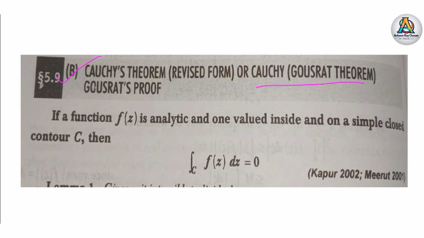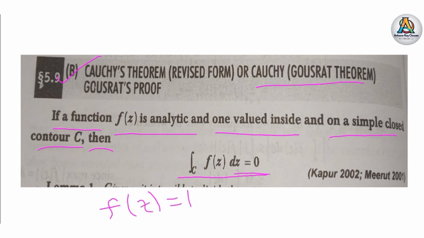This theorem states that if a function f(z) is analytic and single valued inside and on a simple closed contour C, then the integration over C of f(z) dz is equal to 0. Here in option 1 we get f(z) equal to 1, which is analytic inside and on a simple closed curve C, which is mod z equal to 1. So here we use this theorem.